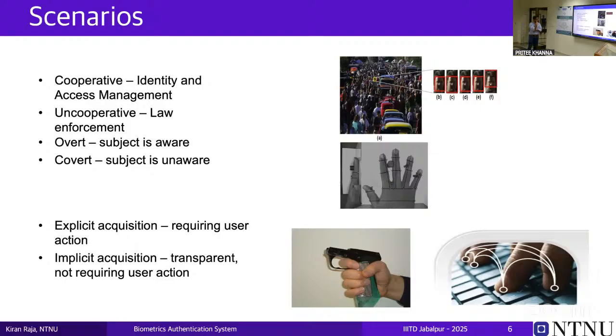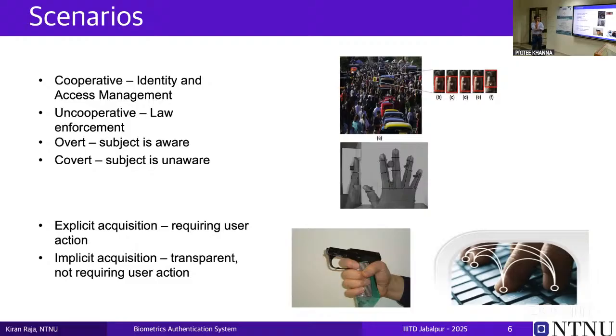And then covert is typically when the subject is unaware. There might be a notice, probably in recent days, saying that this area is under surveillance camera, but in the older days it was not so. So you are doing the identification very quickly without the subject being aware.